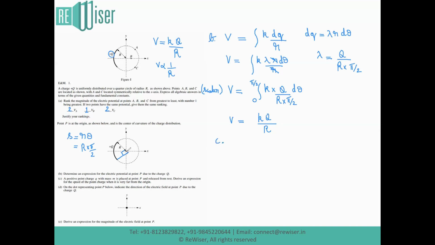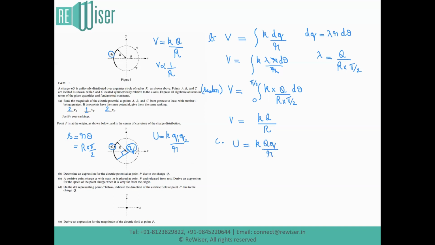We understand that a small charge or a test charge small q is placed at point P. And when it is placed at point P, the potential energy for a system of charges U is given by K into charge Q1, which is the source charge capital Q here, and charge Q2, which is the test charge q here, divided by R, which is the distance between them. So here potential energy U becomes K into capital Q into small q divided by R.